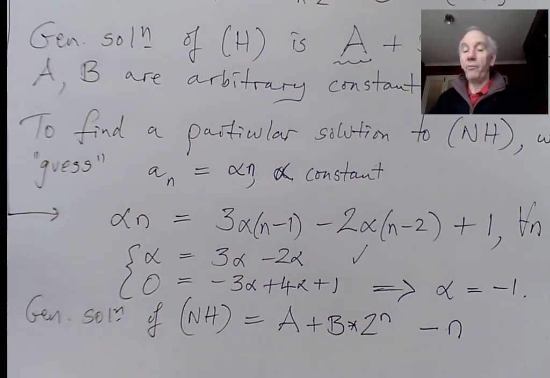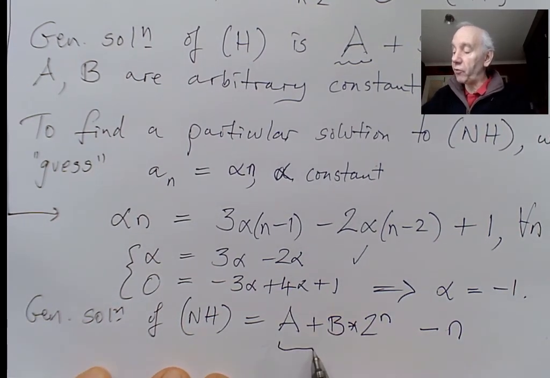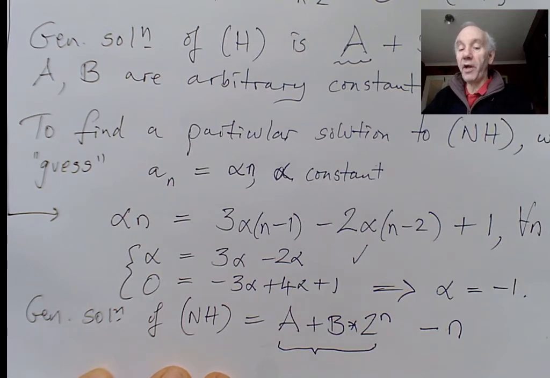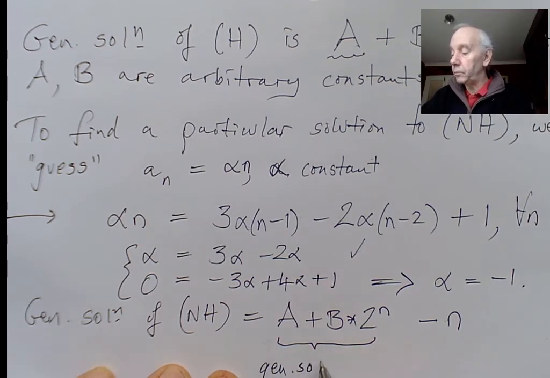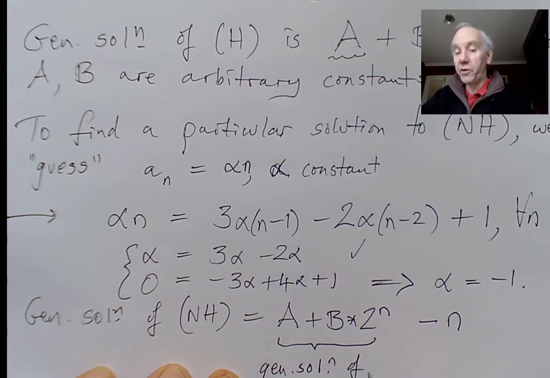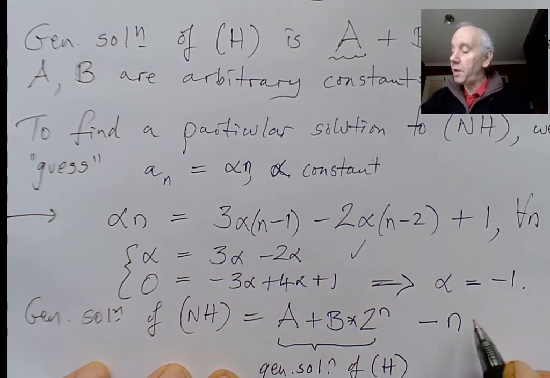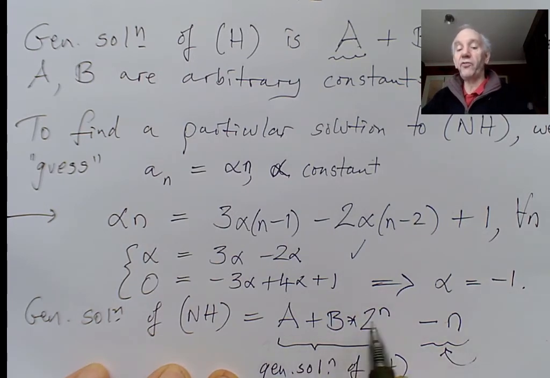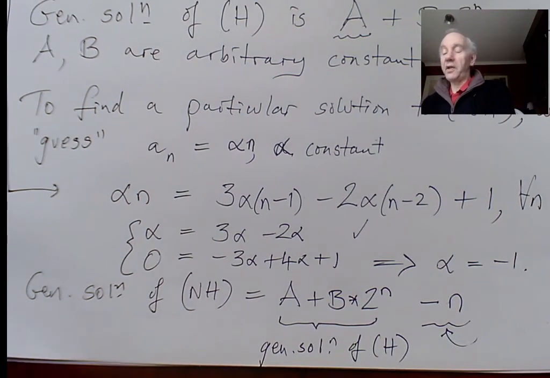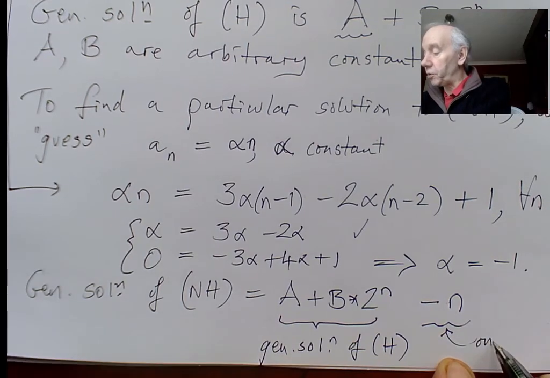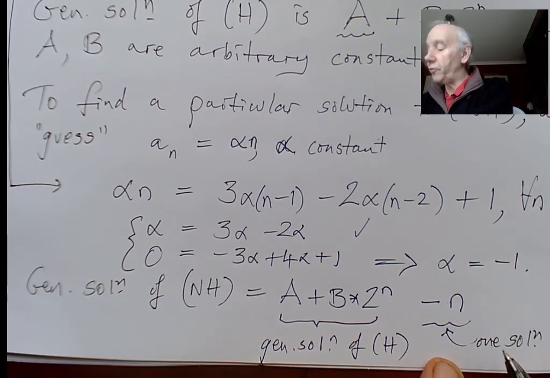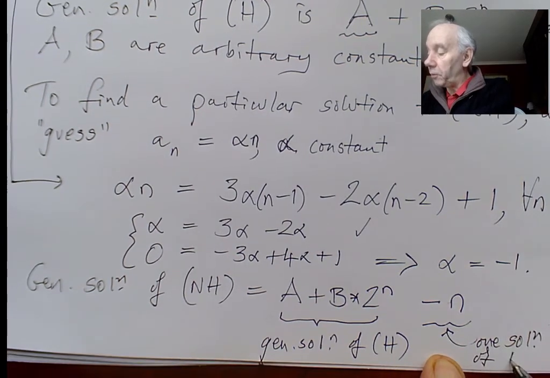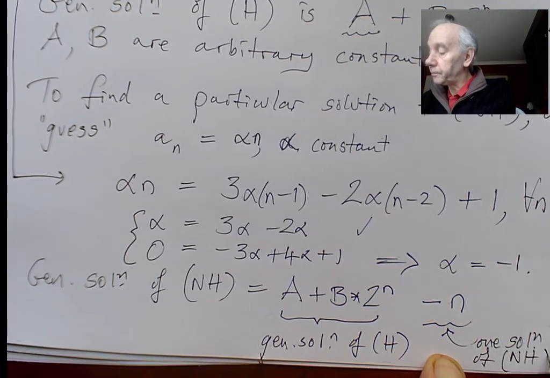This is the general setup. Here we have the general solution of the homogeneous equation, and here we have one particular solution. There will be others, because I can add in anything from here. It's often called one particular solution of the non-homogeneous equation.